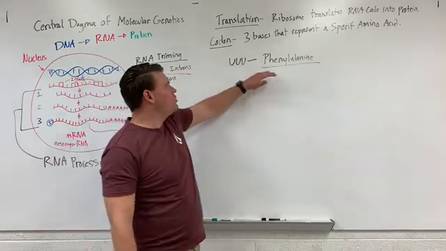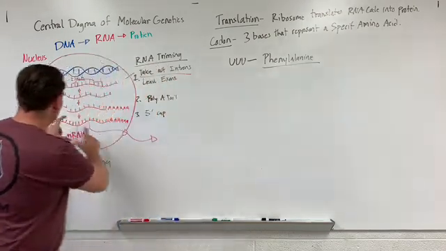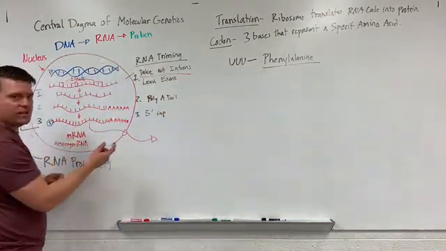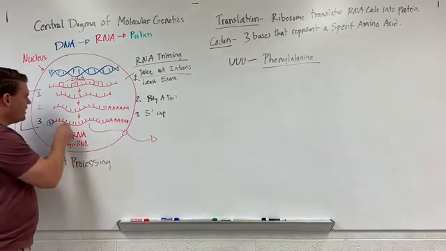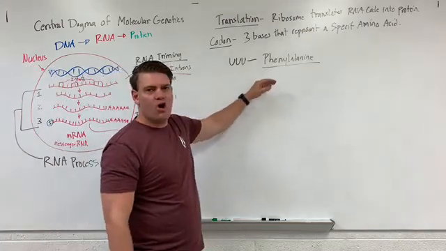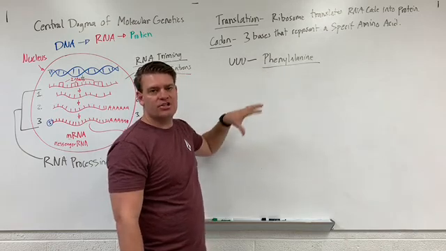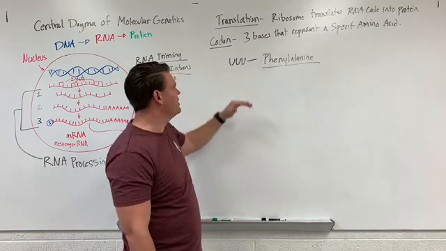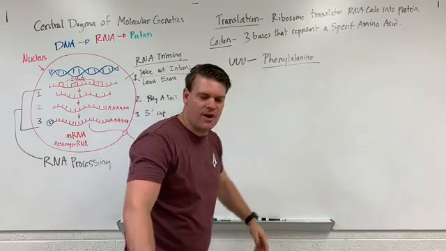So UUU codes for the amino acid phenylalanine. And so when we read our mRNA transcript, we're going to read it 3 bases at a time. And as we read it, we're going to know what amino acids link together to create a certain protein. So that's our codon, 3 bases that represent a specific amino acid.